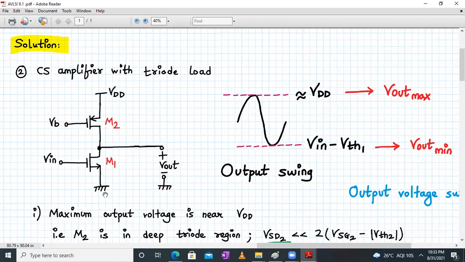The circuit looks almost similar to the common source amplifier with current source load. What is the difference between them? The VB value. In the earlier case for the current source load, VB is selected such that M2 is in saturation. Now with the triode load, VB is selected such that M2 remains in the triode region. We have to determine the output voltage swing.